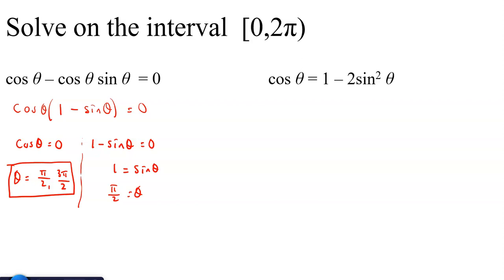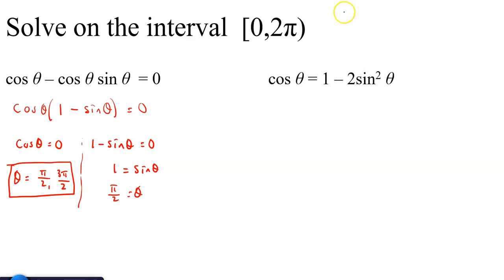That second one over there is cosine equals 1 minus 2 sine squared. All right. Well, in order to solve this one, I'd like everything in terms of the same trig function. I know identities to turn sine squares into cosine squares, but I can't turn cosines into sines all that easily. So we've got to make a decision as to which way to go, and I say we take the sine squares and turn them into cosine squares.